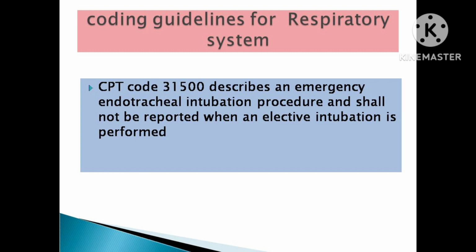Okay, so if it is an unrelated site, then we can bill it, but if related to the same site, a CPT code with a separate procedure description cannot be billed with the main procedure. The same point applies here also. So 31600 is tracheotomy planned, a separate procedure, so it cannot be billed with the main procedure.